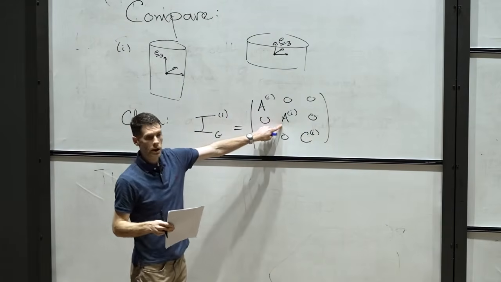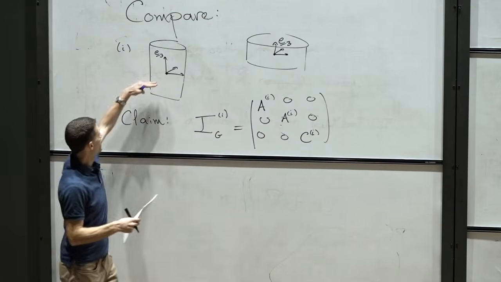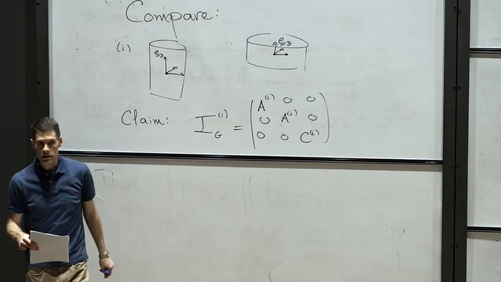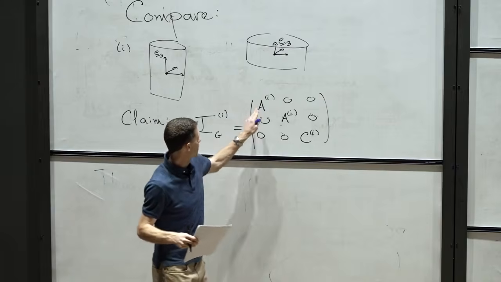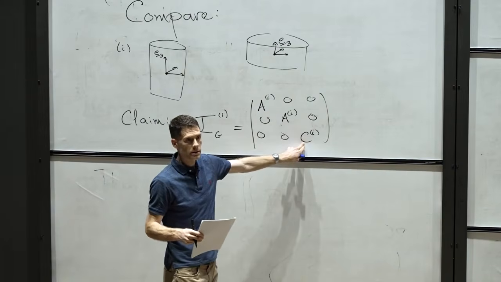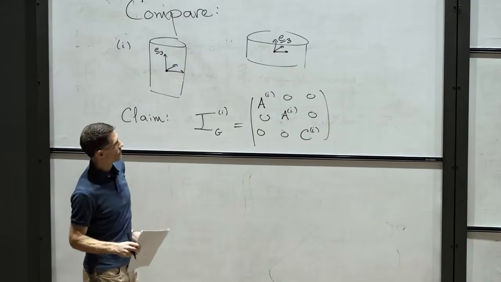It will have two equal elements, because the E1 and E2 directions are equivalent. The only thing that's different is the E3 direction, and so it has the form A, A, C, and zeros on the off diagonals.